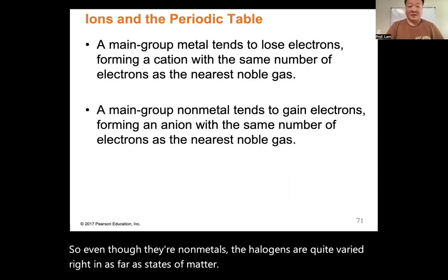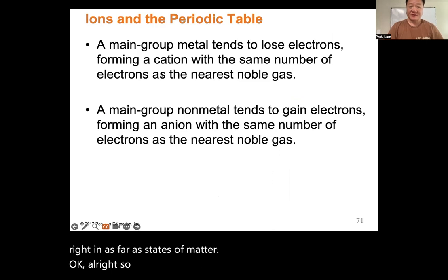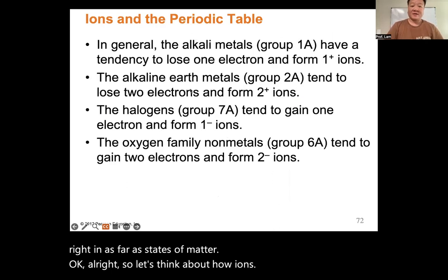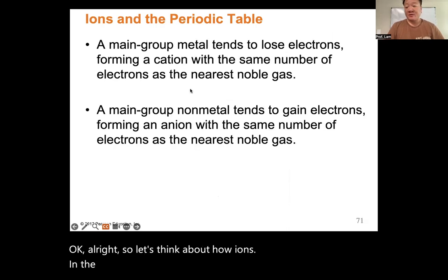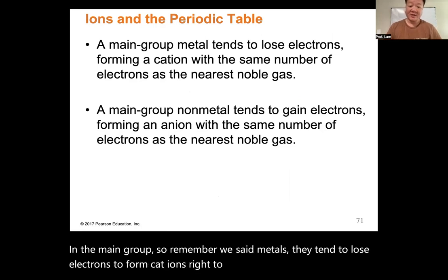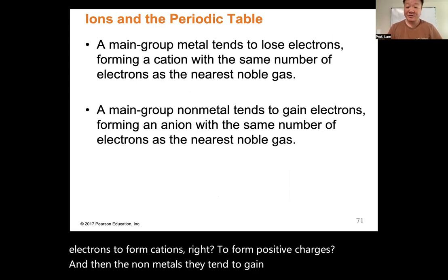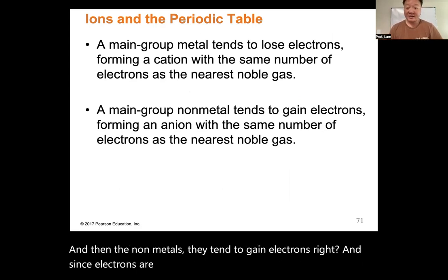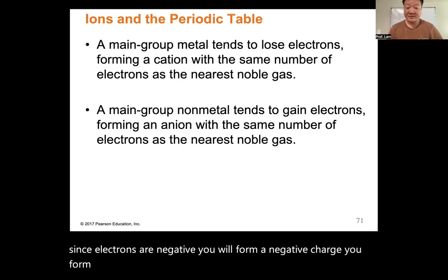All right, so let's think about how ions form in the main group. So remember, we said metals tend to lose electrons to form cations, right, to form positive charges. Then the nonmetals tend to gain electrons, right? And since electrons are negative, you will form a negative charge. You form an anion, okay?